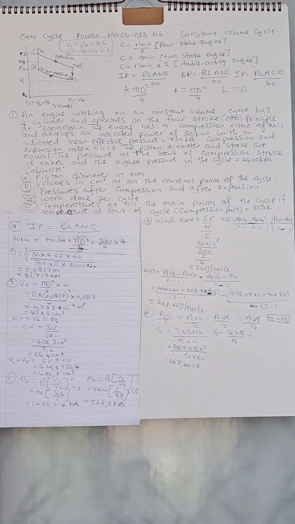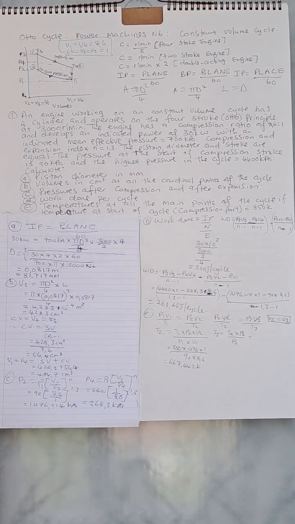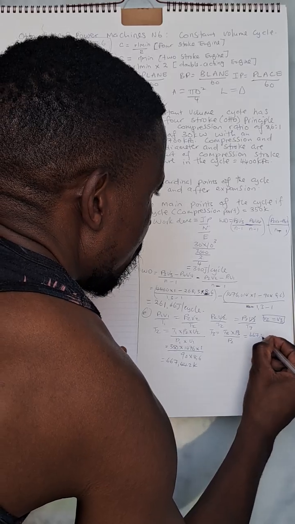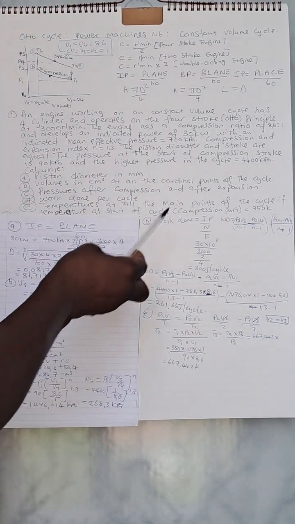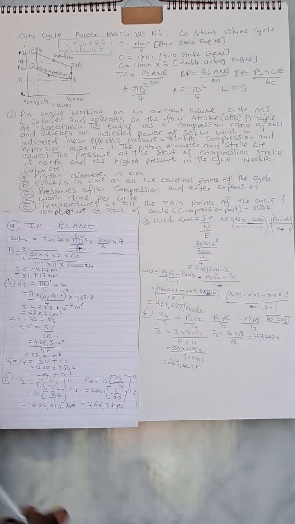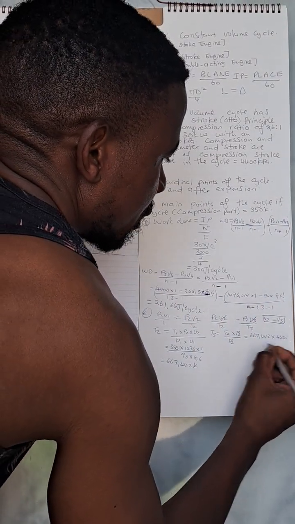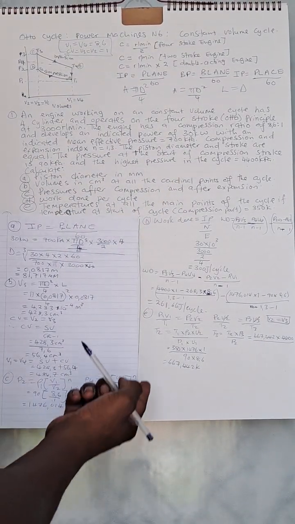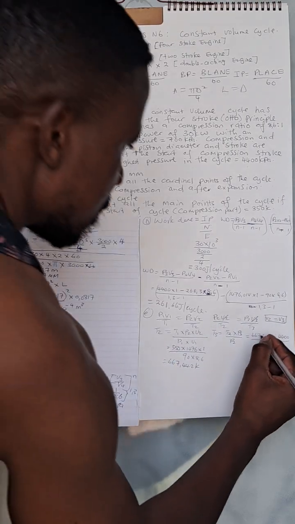Do we have our T2? Yes, we got our T2 as 667.442 times our P3. P3 is the highest pressure on the cycle, which is 4,400, all over P2, which we got as 1476.